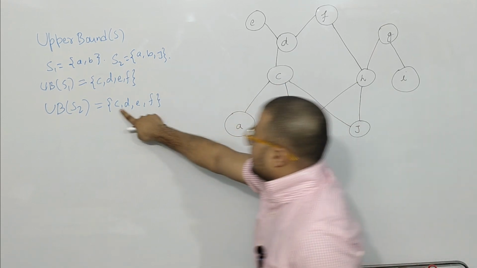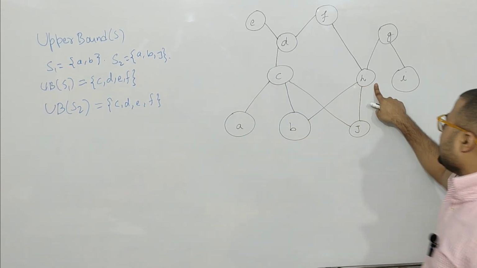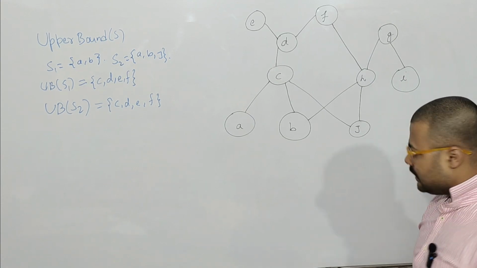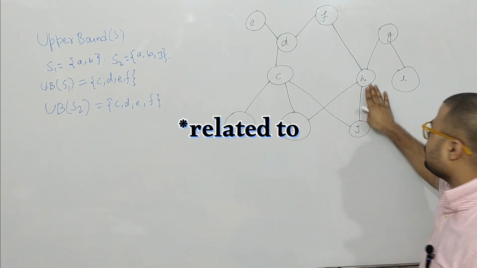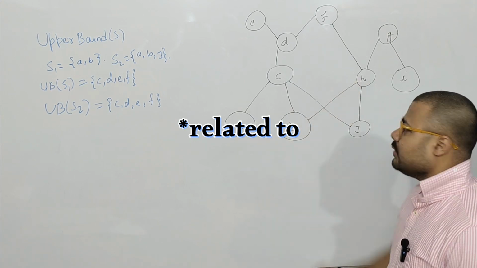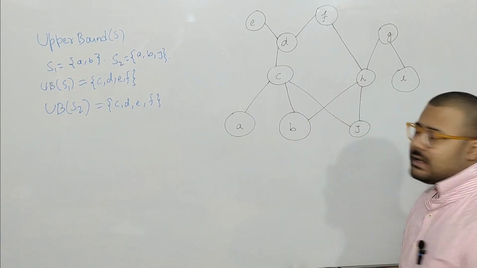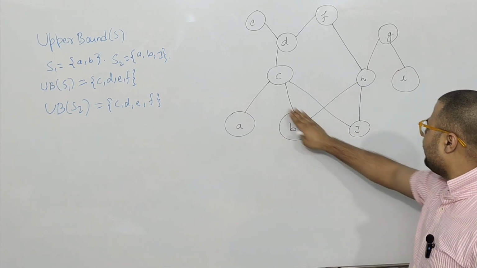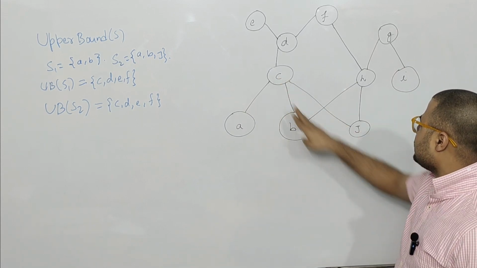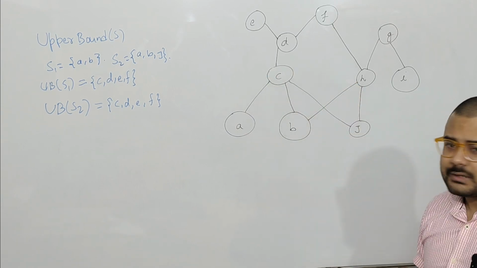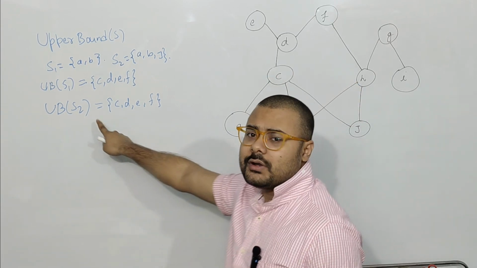One is C, that is covered here. Other is H. Now we have to look if all the elements are related to H or not. A is not related to H, so H cannot be a joint point. So leave it. From B, all the directions in the upper path are covered. From J, you can only go to C or H in the first step. So this is the upper bound for S2 also.